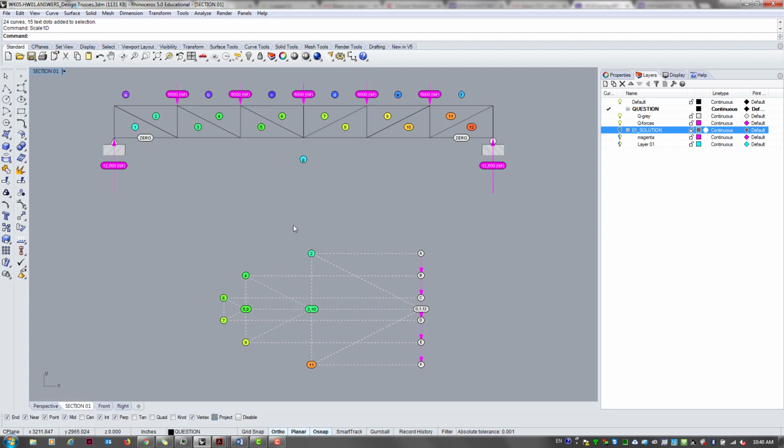So if the truss elongates in the y direction, then the diagram shrinks in this direction. So there's a direct correlation to that. So this is actually pretty easy.